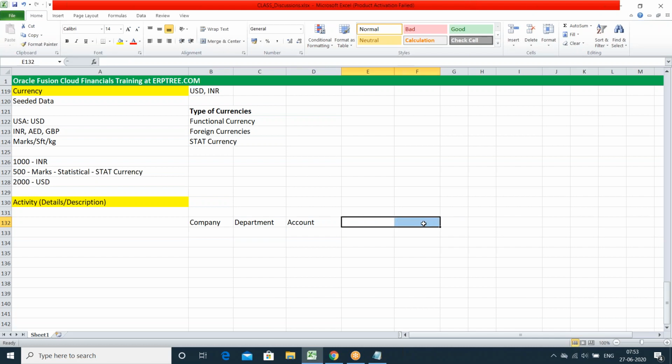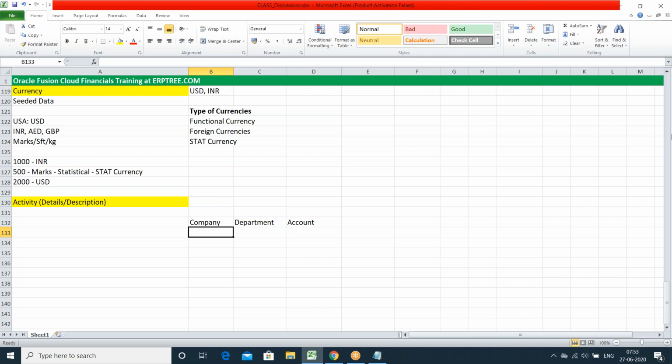We'll discuss later; we have to understand many points related to that. The basic information I'm taking, we'll discuss in more detail. But the first point is that when they record the transaction, they want to include which company, which department, and which activity it belongs to. So they have to maintain all the details here.